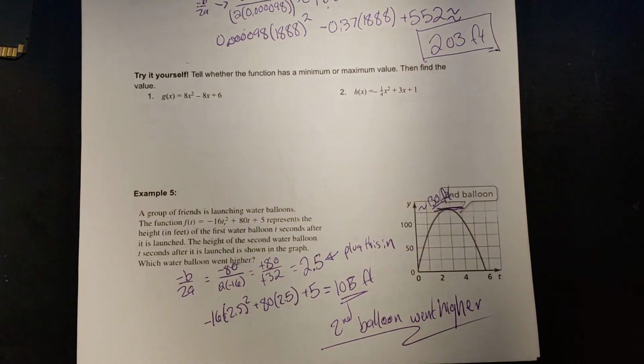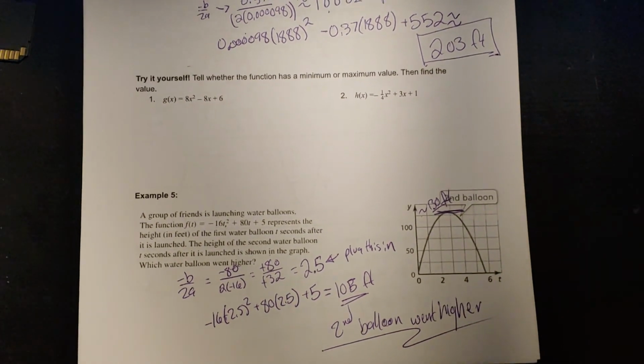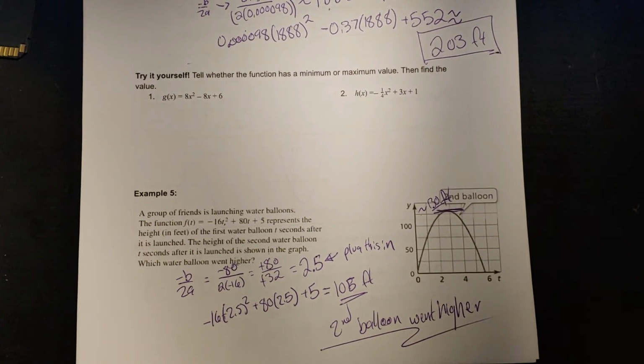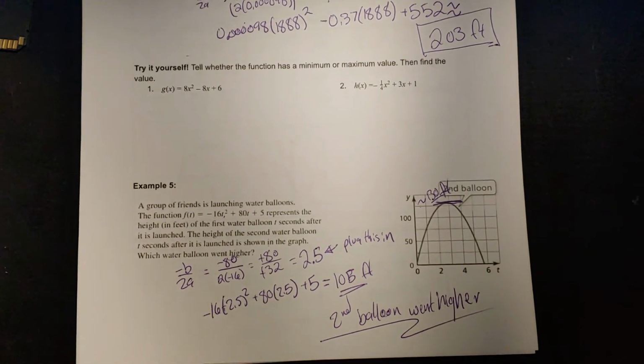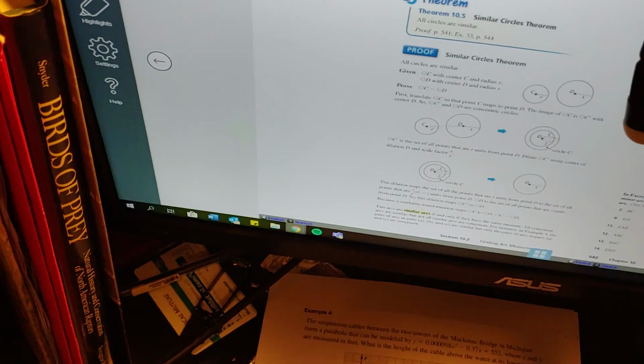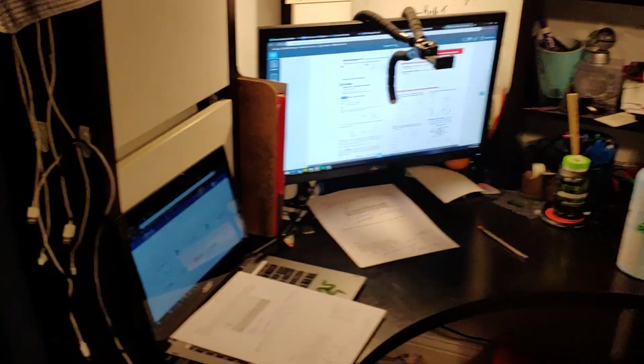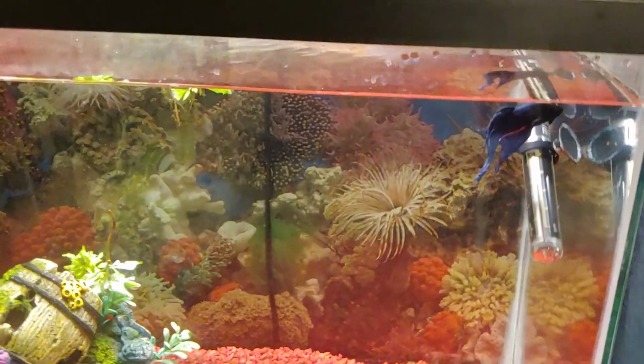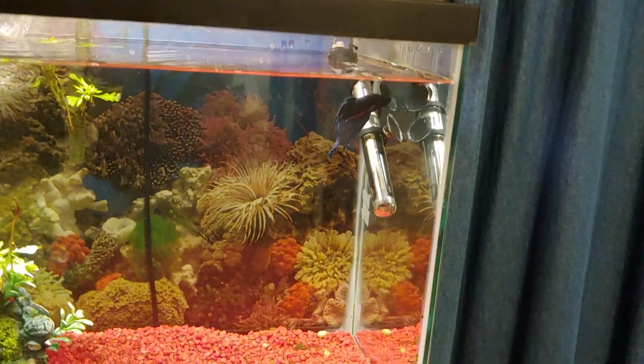So, real quick, I'm going to take you out and actually show you my beta fish in case you missed me so much. You can see my desk setup. It's a pretty cool setup if I do say so myself. And now here's my beta fish.